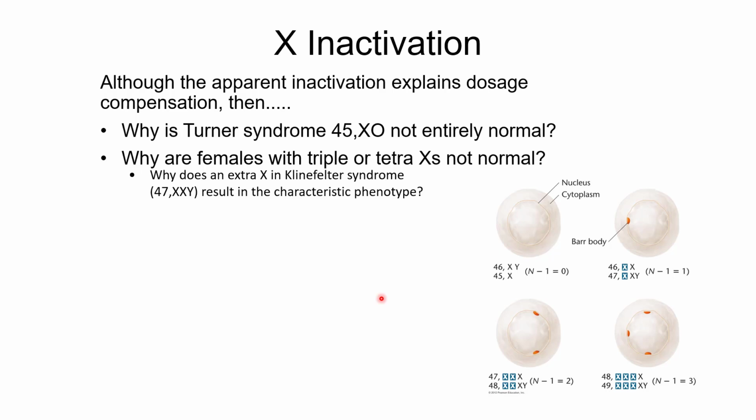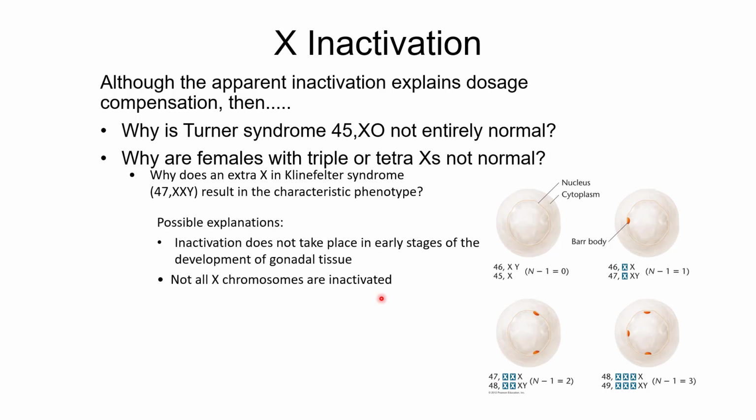Or when you have females with triple or tetra X's, why are they not normal? Why were some of these things that we're talking about not quite right? And some of the answers or possible explanations, we have hypotheses. We don't know for sure. We have some reasonably good hypotheses that have some evidence that supports them.